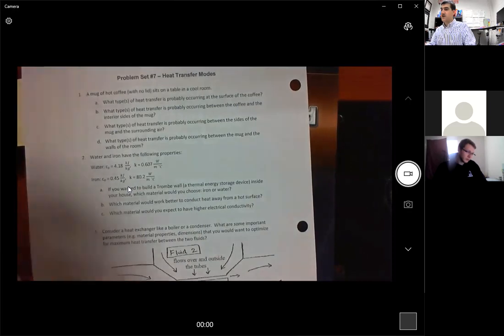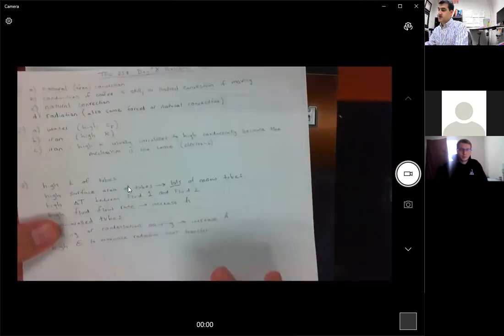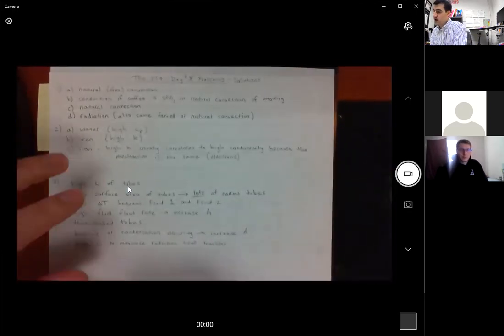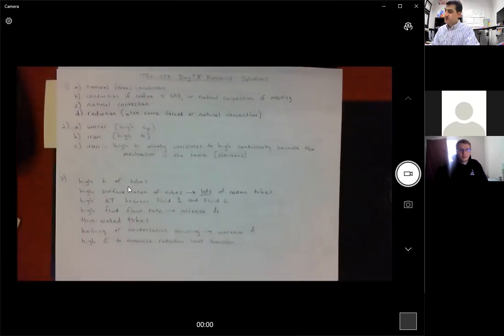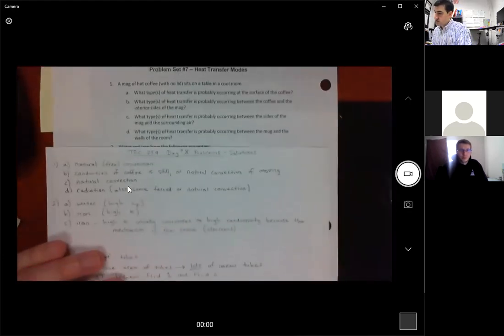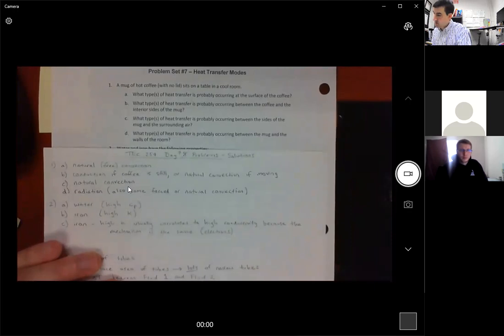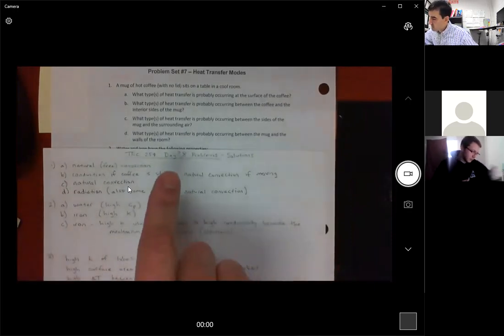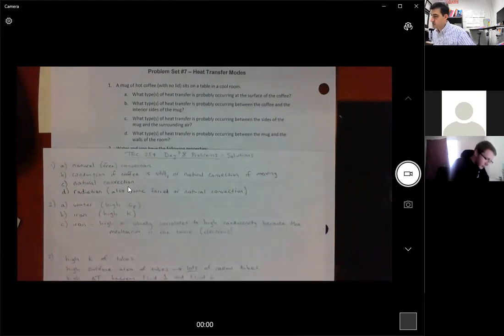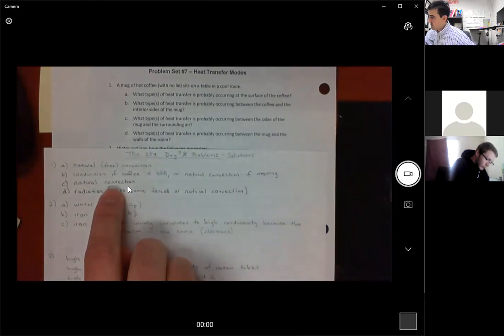Let's see if I said all these correctly. So for part A, we had natural or free convection. For part B, I said conduction if the coffee is still, or natural convection if it's moving. For part C, I said natural convection.